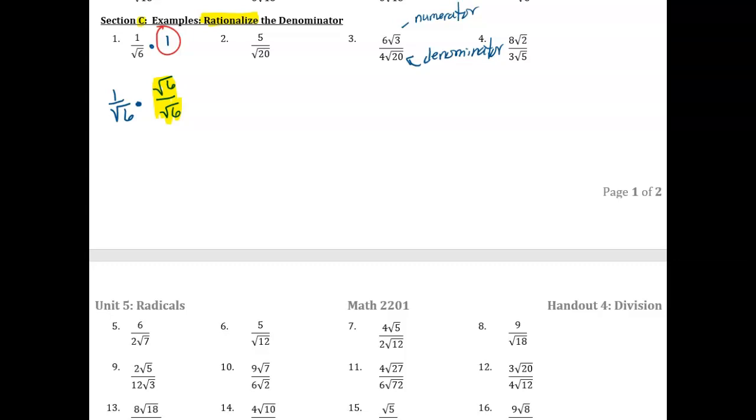All right, so what has this done for you? Well, 1 times root 6 is root 6. Root 6 times root 6, if you remember from the multiplication section, you multiply those terms underneath radical signs. In other words, the easy way of saying it is both are roots, so you multiply them together. 6 times 6 is 36.